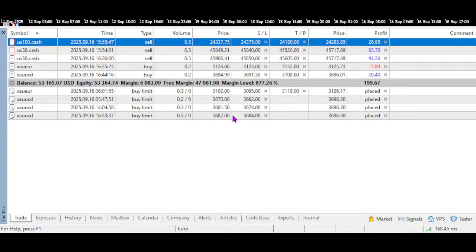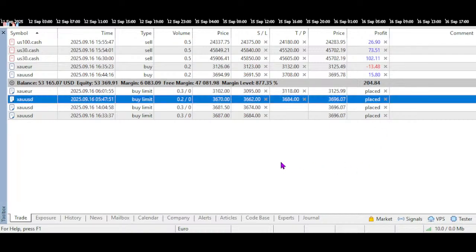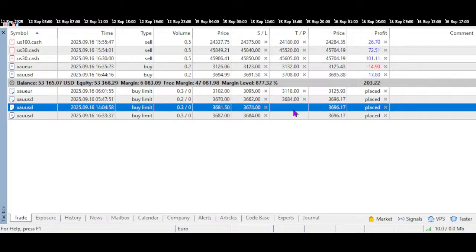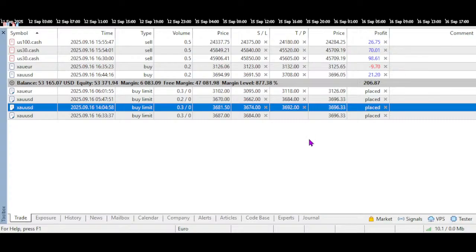Then this one also, we'll put a TP at 84. Then this is 92 half. So the 87 buying, I want to cancel first. Okay, I think that's about it.